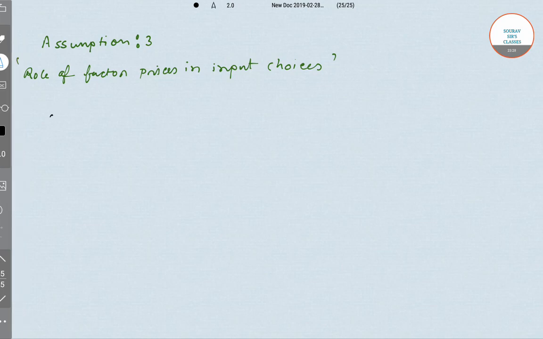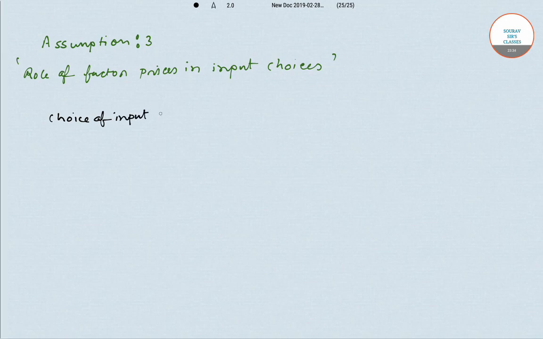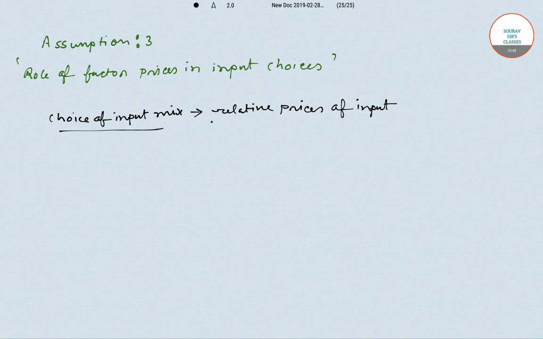If the hourly wage rate is high and the land rent is low, the producer will use more land and less labor. The converse is also true.